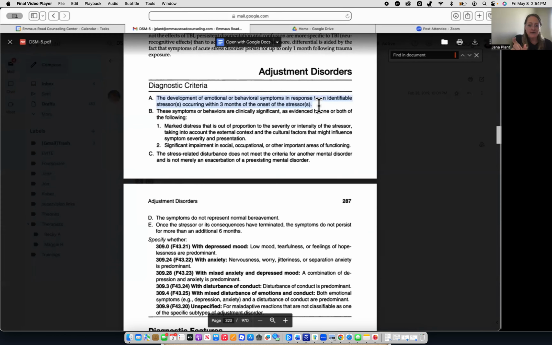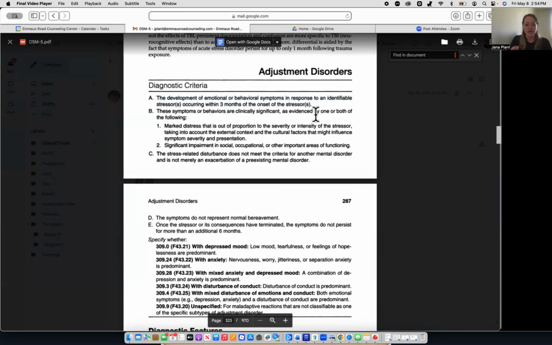So here we see that there is no trauma. Criterion A is different from acute stress disorder and PTSD. They're not exposed to something traumatic. What they're exposed to is a stressor.